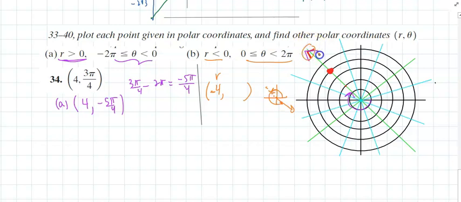So, if this is 3 pi over 4, shouldn't I be pointing at this point, which is 7 pi over 4? If I rotate to 7 pi over 4, and r being negative, I will push in the opposite direction 4 units, and I am where I would like to be. I want to do one more like that. Keep in mind there are an infinite amount of solutions, and they all work. We just want to pick a couple of those.